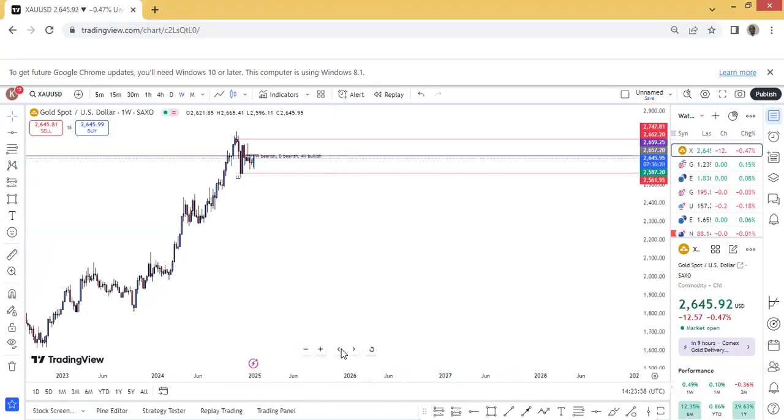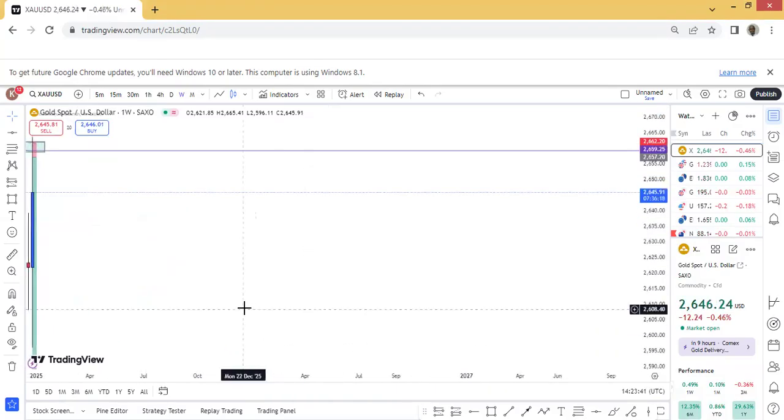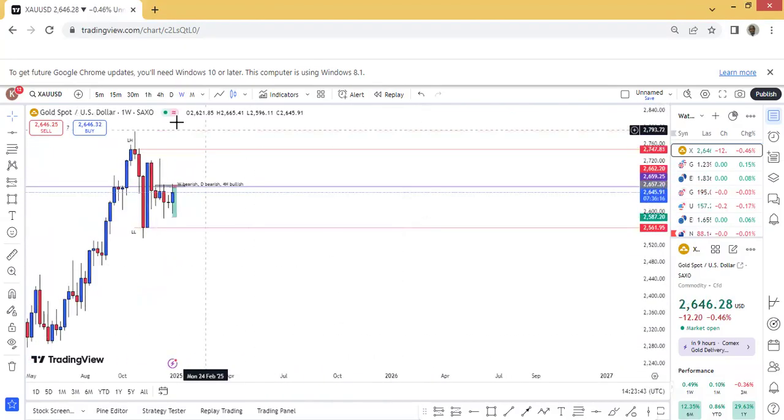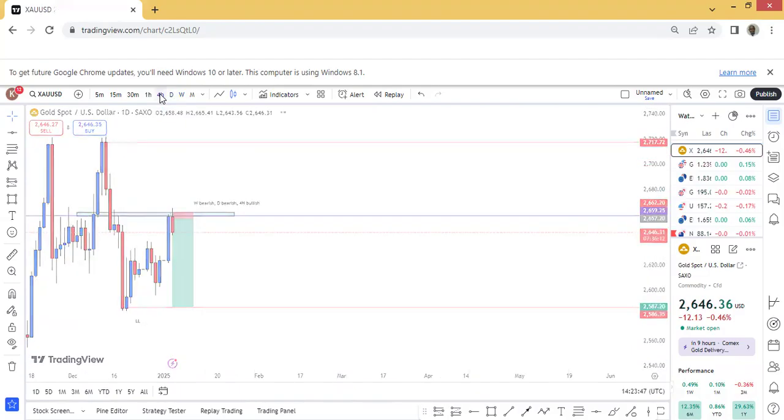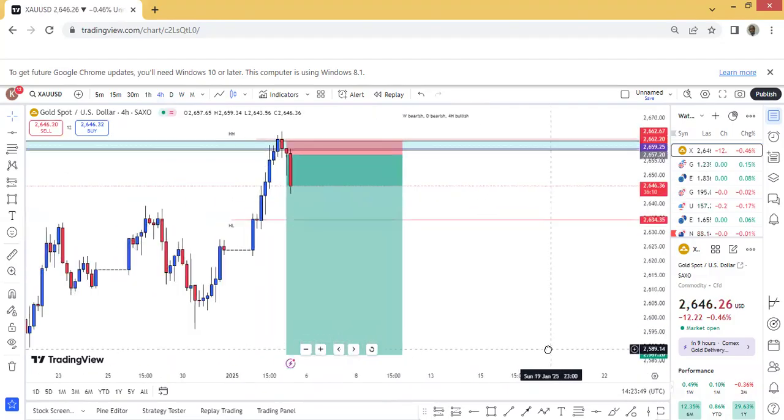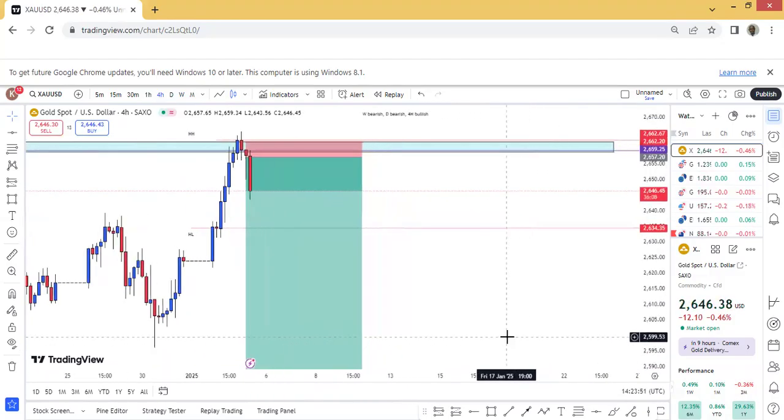At the point of the analysis, we said that the weekly was bearish, the daily was bearish, and the 4 hours was bearish. But currently, as I'm talking to you, the 4 hours is bullish. And yet we are selling because per my strategy, I trade in the direction of the two consistent time frames.